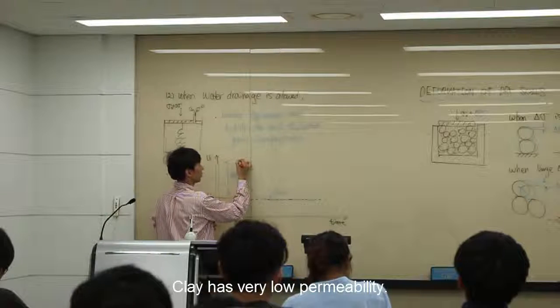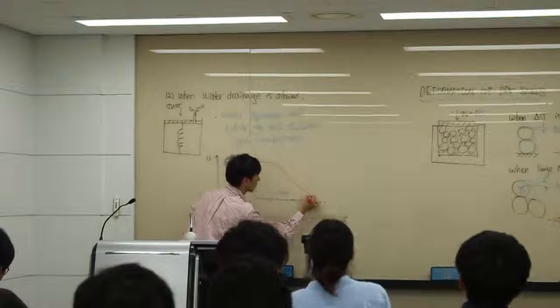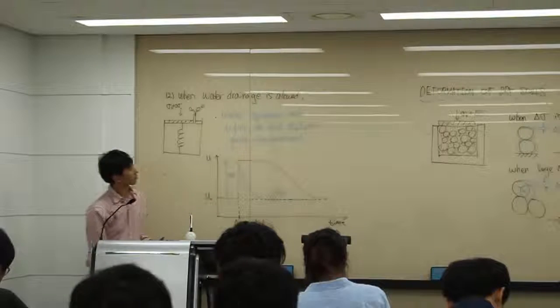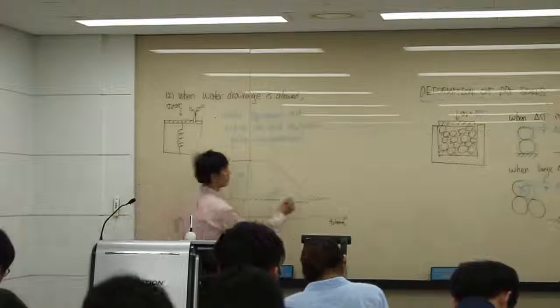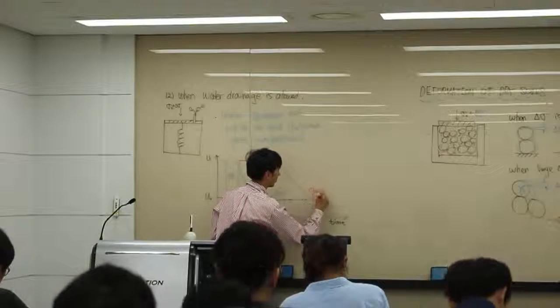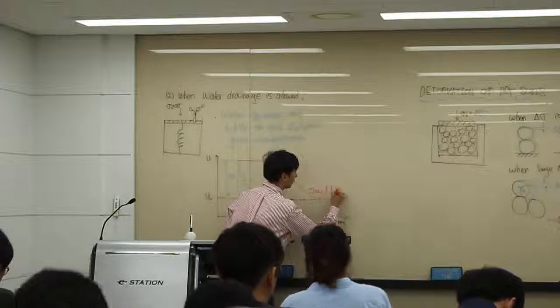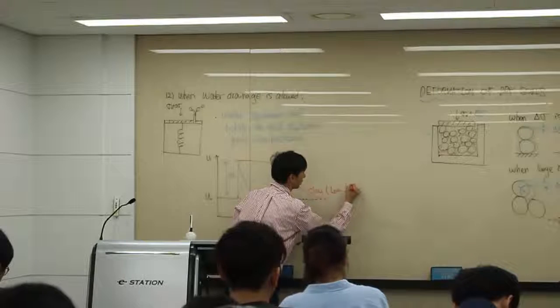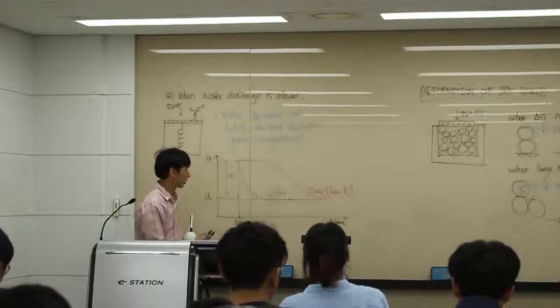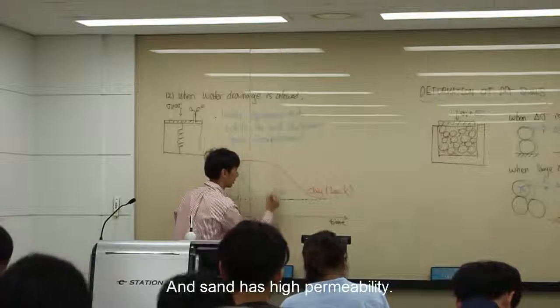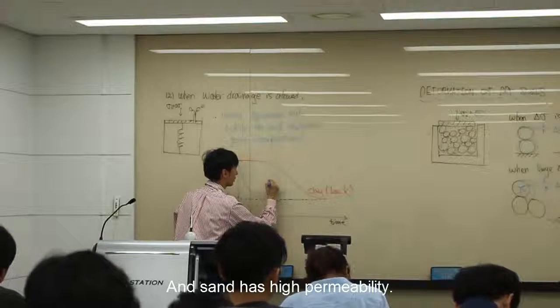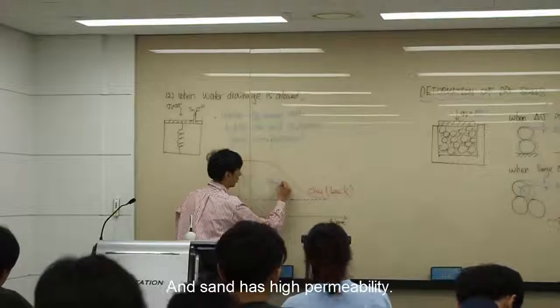So clay has low permeability, K, and sand has high permeability.